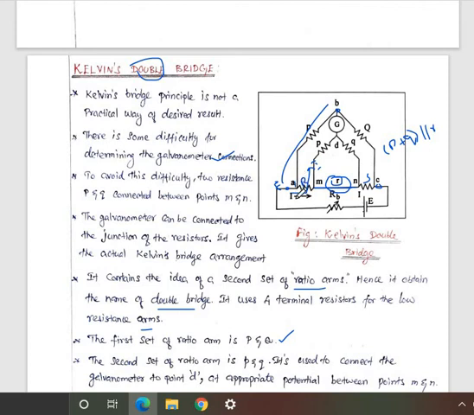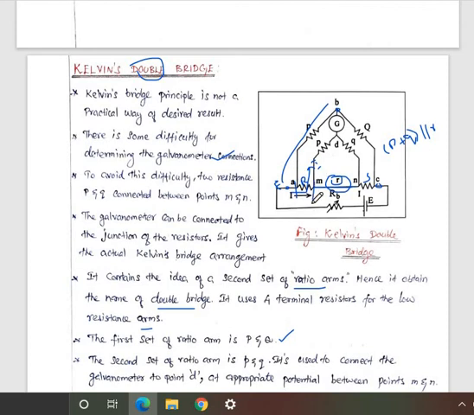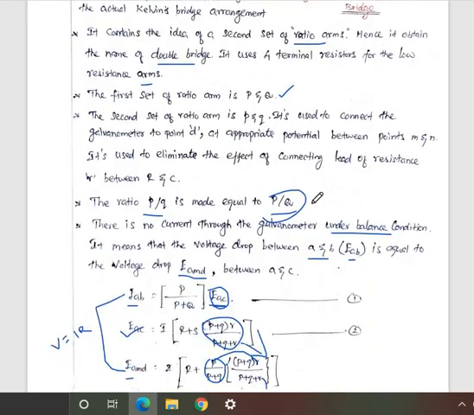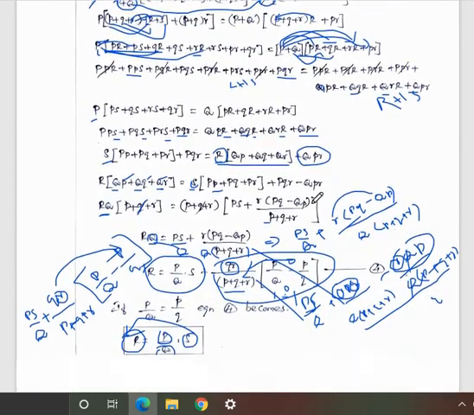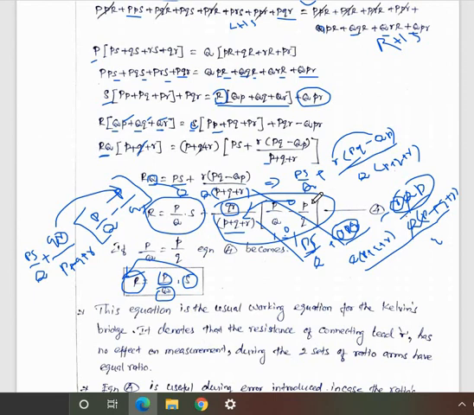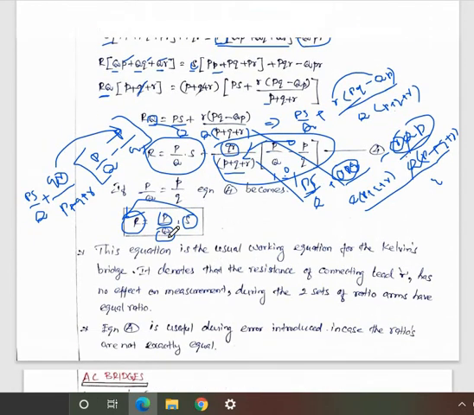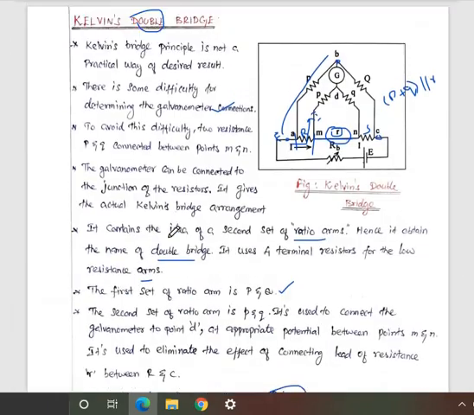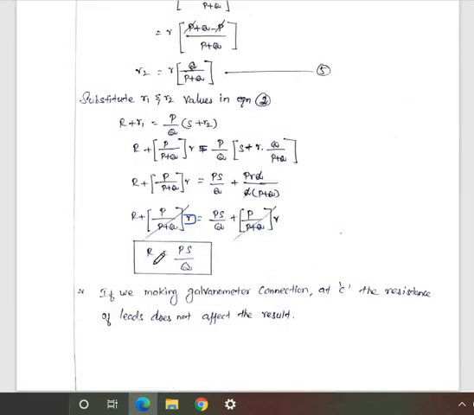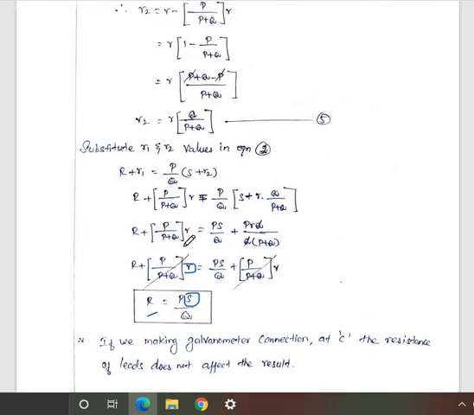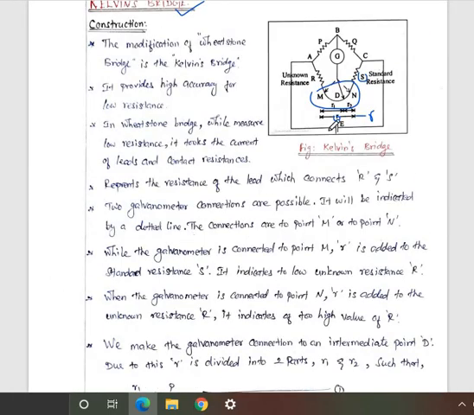The exact resistance value R is found using the formula P by Q into S. This is the working equation of the Kelvin bridge, because both equations are the same. The unknown resistance R equals P by S into Q, but there we have to consider the value of S, which is difficult. If you place the galvanometer at N, the S resistance will be low.